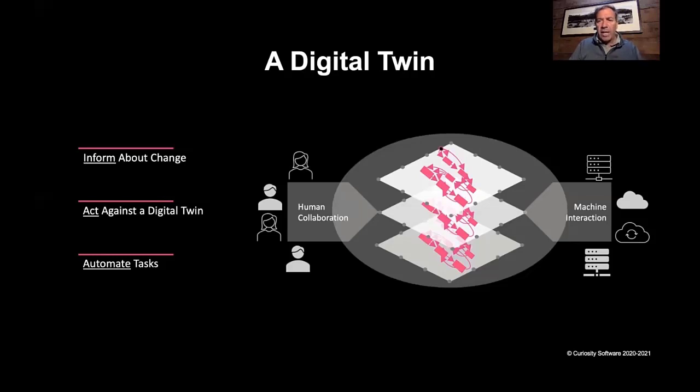And this is action against the digital twin. So any kind of pattern that we can identify or promote within the software testing lifecycle should have three components to it. One, the inform pattern, which alerts people to the change or to the information that's required. Two is the act pattern.